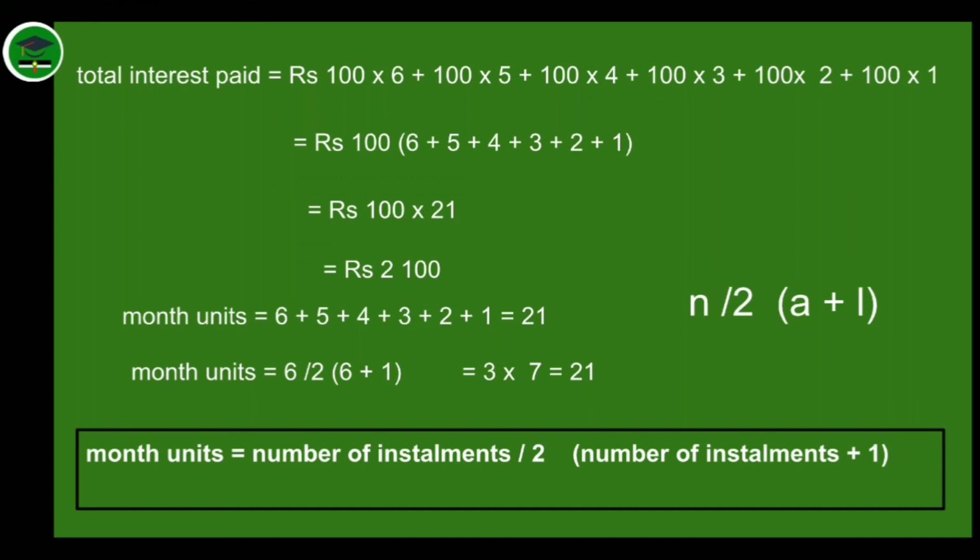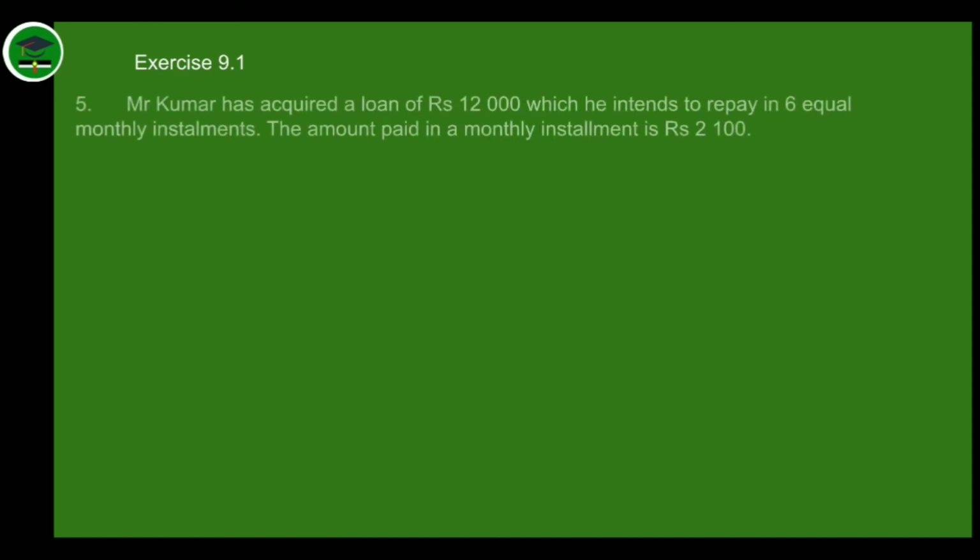So we will see one more example, that is in your exercise 9.1, fifth problem. Mr. Kumar has acquired a loan of 12,000 rupees which he intends to repay in 6 equal monthly installments.